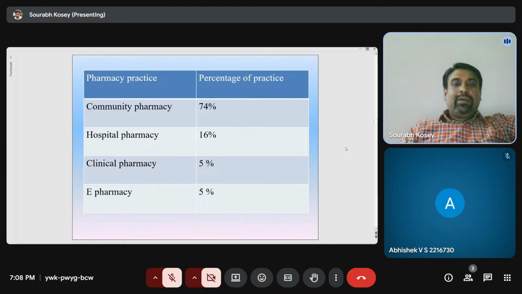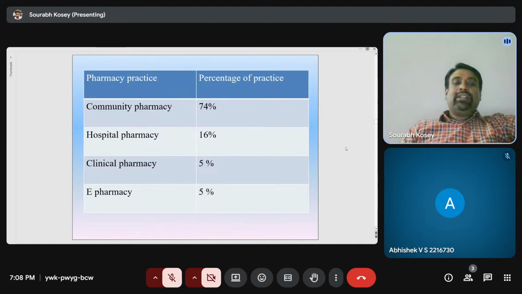So the community pharmacist is the one person who deals with the people in the community. In the case of over the counter, the community pharmacist is directly a prescriber.